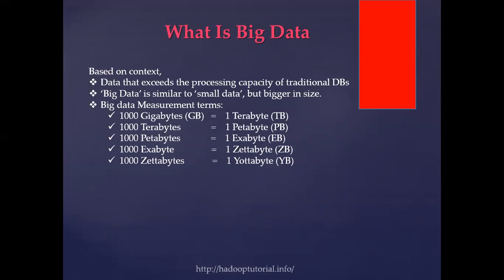If something is less than a TB, we don't really call it big data when we talk in terms of size. But that convention or tradition may not continue forever, because today's big data may become tomorrow's small data, and tomorrow's big data may become small data for the day after tomorrow.